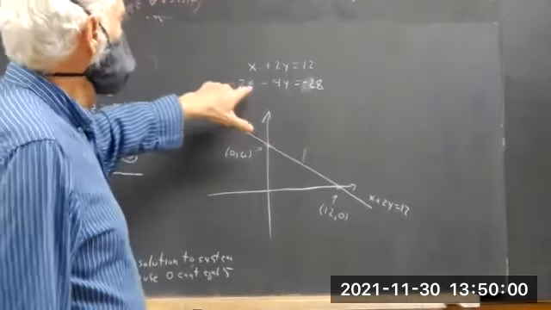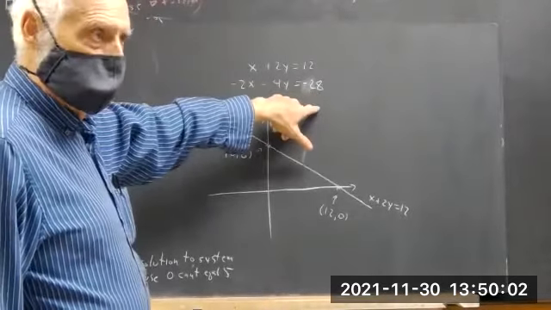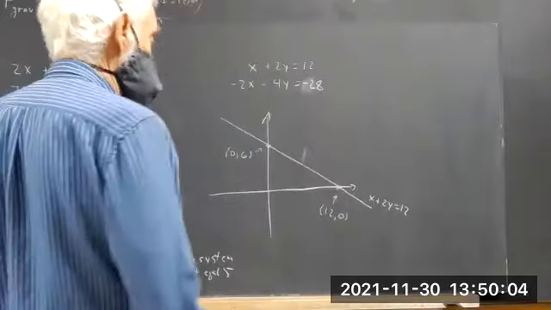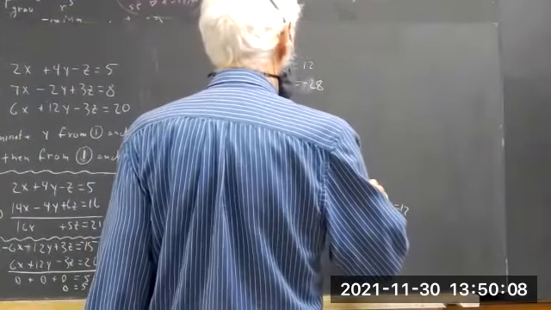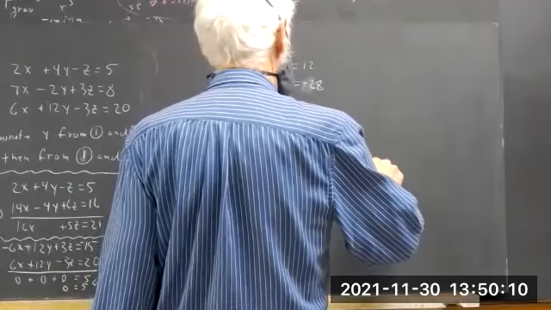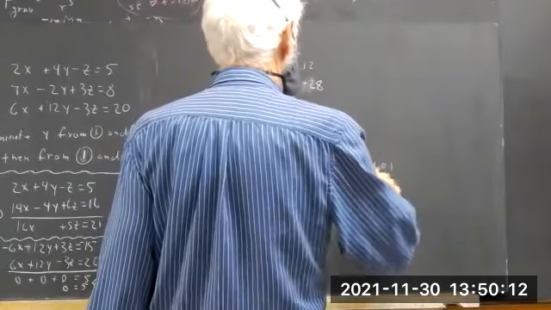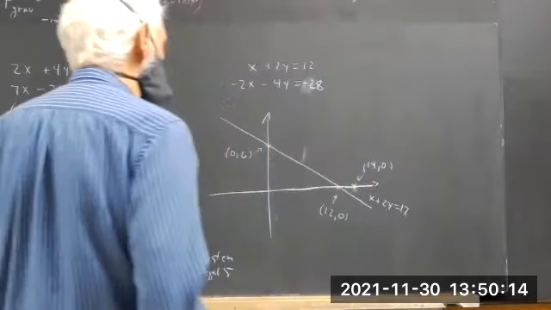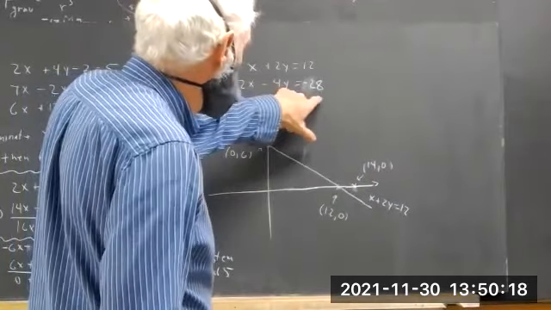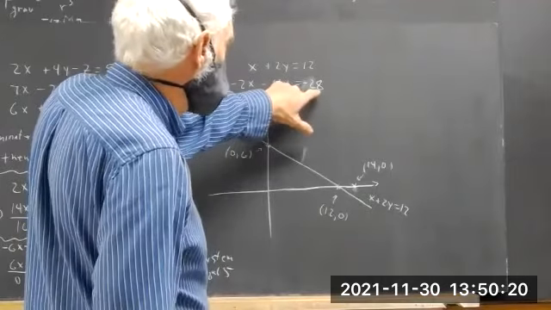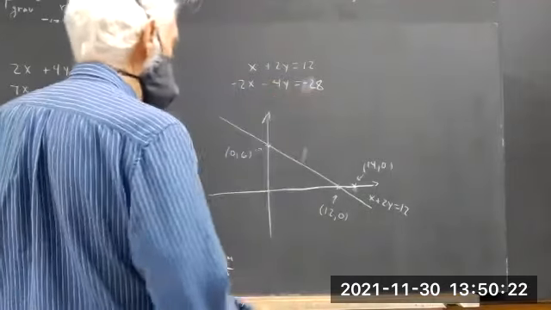If y is 0, negative 2x equals negative 28, so x is 14. So you've got the point 14, 0. If x equals 0, negative 4y equals negative 28, so y is negative 28 over negative 4, which is 7.